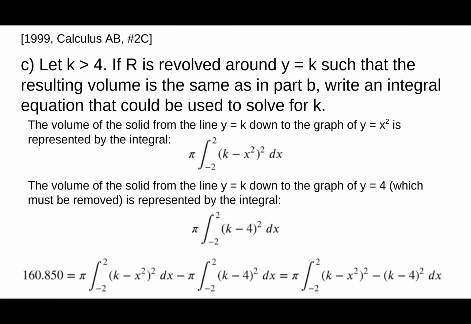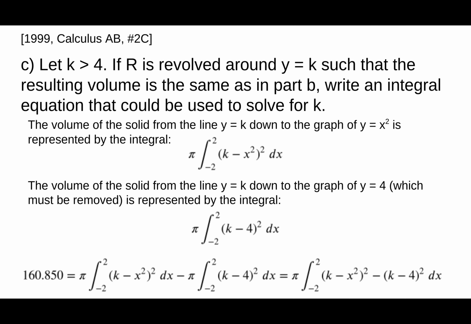And so if I want the volume of this solid to be the same as the one in part B, which was 160.850, what I need is 160.850 to equal pi times this big chunk, the big, huge solid minus the little disk in the middle. So we need that to equal pi times the integral from -2 to 2 of k minus x squared squared dx minus pi times the integral from -2 to 2 of k minus 4 squared dx.